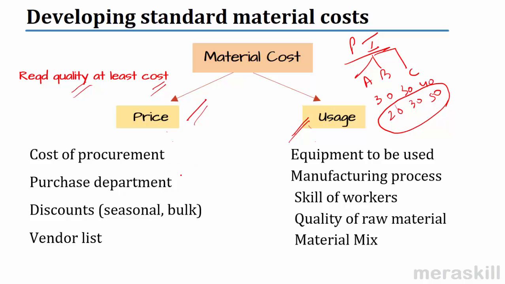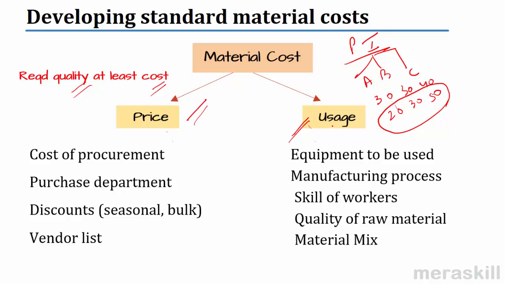The purchase department may be responsible for the purchasing, and normally a list of vendors is maintained so that we ensure that we get the required quality at the least cost. The other aspect is the usage. We want to improve productivity and minimize the material losses.